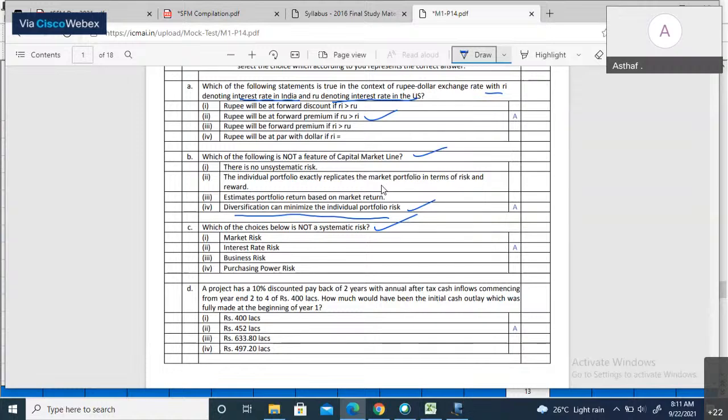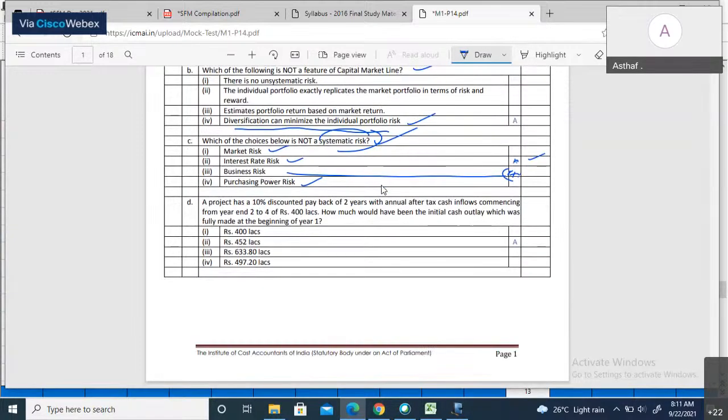So they were telling everything. So the answer here, actually, it is not systematic. So actually this answer is wrong. Interest rate, purchasing power, market risk, all are systematic risk. Actually, the answer is business risk. Your suggested answer there is wrong. The answer is business risk only. This also we have discussed.